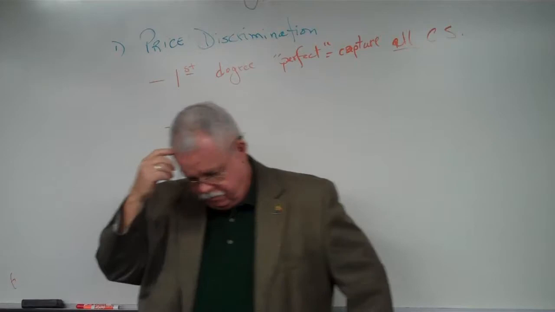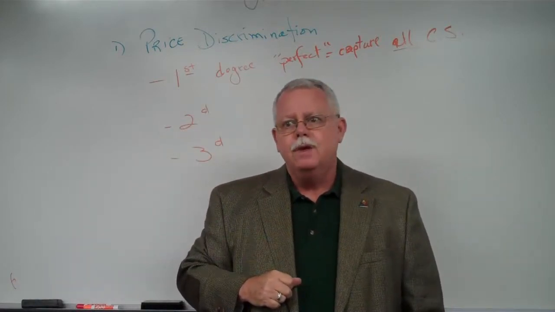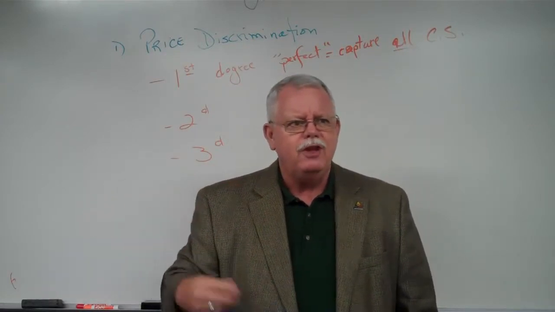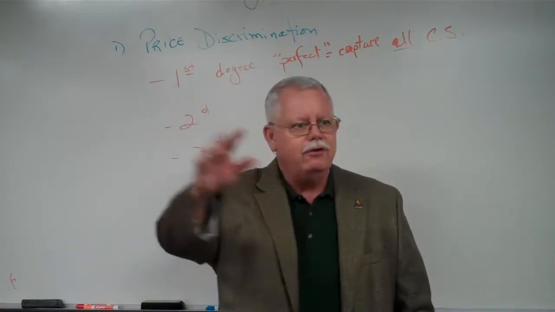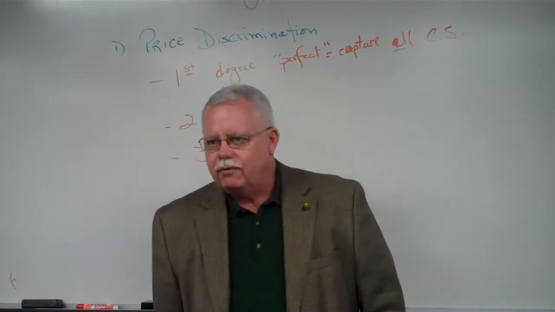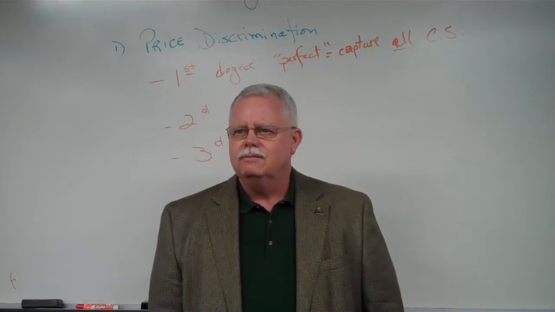Suppose you had a pet store. You sell puppies and kitties and birds and whatever, and all the various supplies and feeds. How would you go about practicing perfect or first-degree price discrimination? At least conceptually.